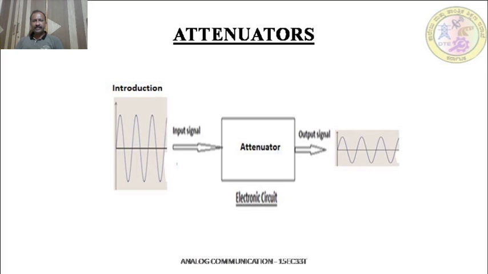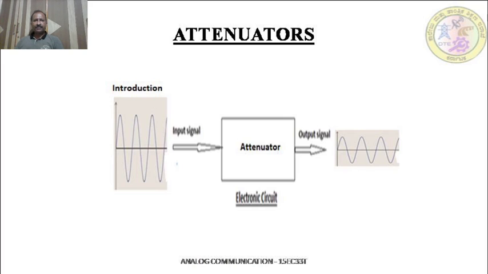That means an attenuator is a two-port or four-terminal network which is used to decrease the strength of a signal, that is, the input signal strength is going to be decreased, or weakened, by the circuit. That type of circuit you are going to call an attenuator.